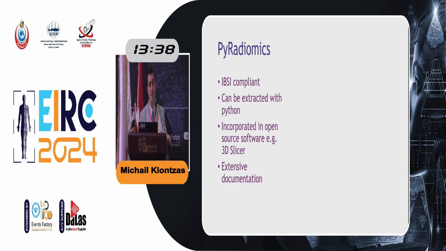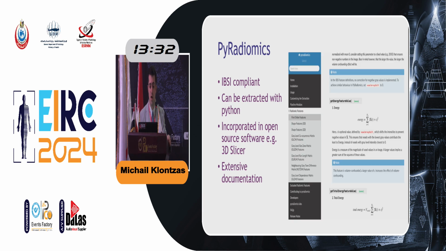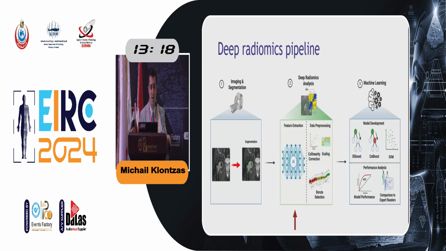And there is extensive documentation on how PyRadiomics extracts those features, and this is a standardized method. You can go online, you can find a list of all those features, and you can have an idea of how they're calculated. So every person in the world that uses PyRadiomics extracts features in the exact same way as everyone else.